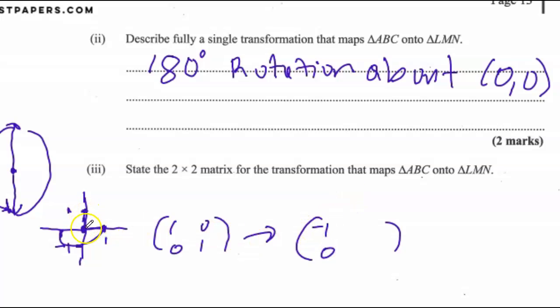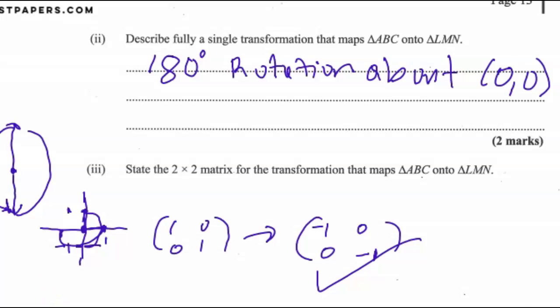And if you rotate (0, 1), which is this point here, you'll end up at the point (0, -1). So this is the transformation matrix that represents a 180 degrees rotation about the origin. And if you multiply this matrix by any of the points in ABC, you will get the corresponding image points.